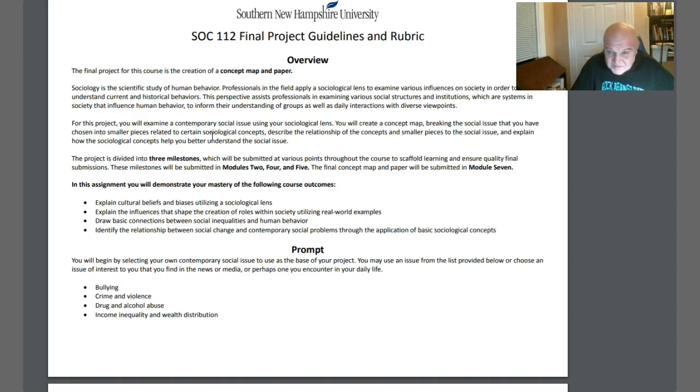The final concept map will be submitted in module 7. Again, explain cultural beliefs and biases using a sociological perspective, using the influences that shape the creation of roles, using real-world examples, connections between inequalities and human behavior, and the relationship between social change and contemporary social problems through the application of basic concepts.